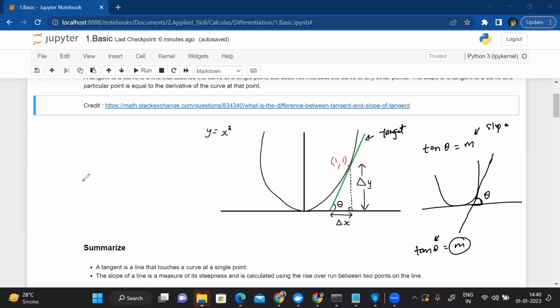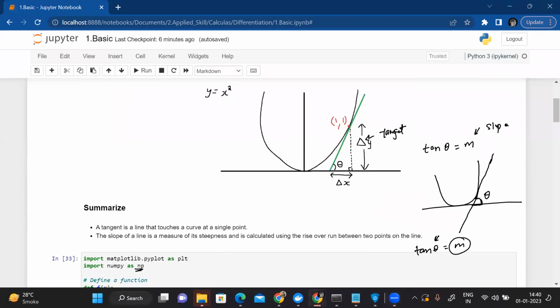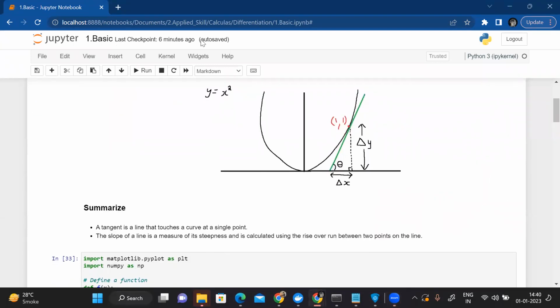Slope is something you'll get as output, like any number. In summary, a tangent is a line that touches the curve at a single point. But what do you mean by slope? The slope of a line measures the steepness and is calculated using the rise over run between two points on the line.